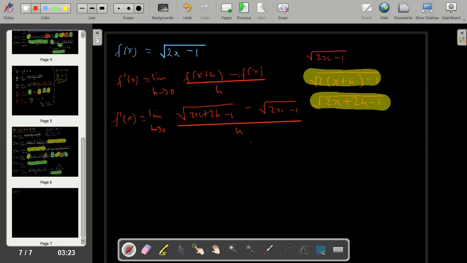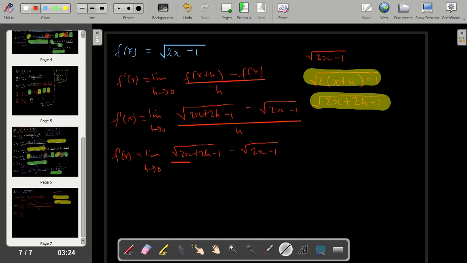So we are simply going to say f prime is equal to the limit as h approaches 0 of the root of 2x plus 2h minus 1 minus the root of 2x minus 1, divided by h. So we are going to multiply this by the conjugate.